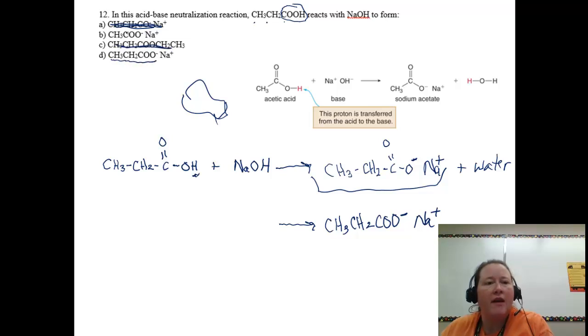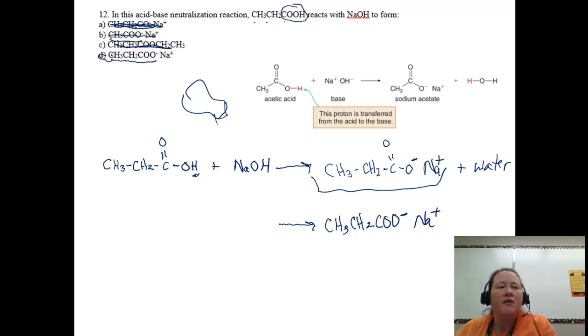This is the correct way, and so is this. However, this has 1, 2, 3 carbons, and this only has 2 carbons, so that can't possibly be the product, which leaves us with this. And I'm not crossing it off, I'm circling it. Please just imagine that this line is creeping up a little bit there like that.